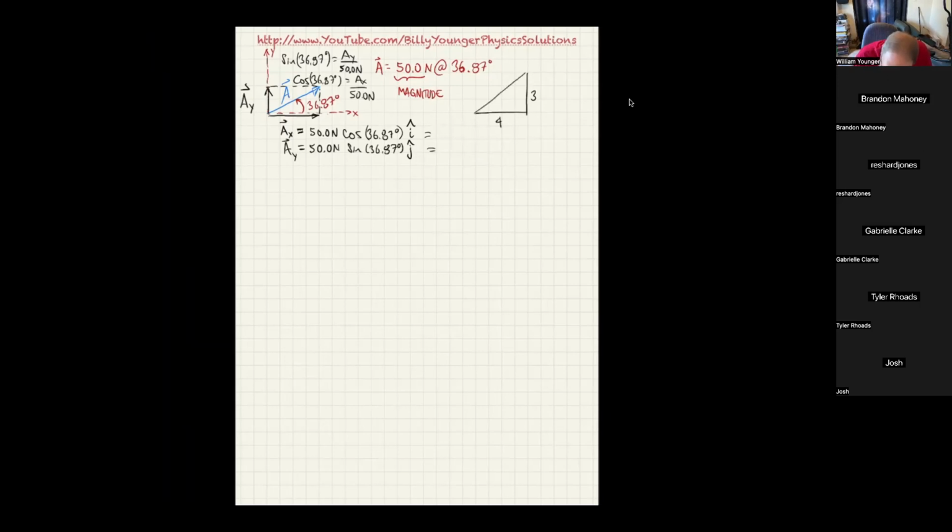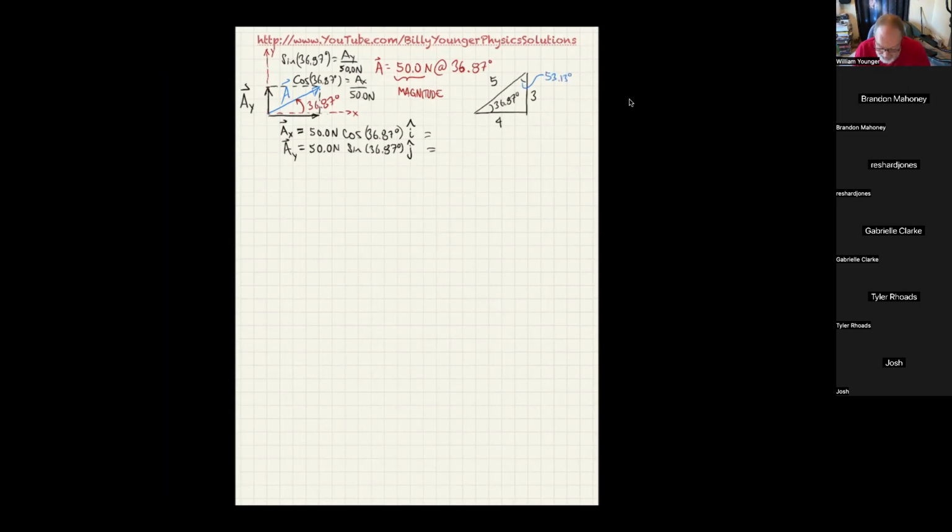And then this side right here is going to be 5. And if you take the inverse tangent of 3/4, you get 36.87 degrees. And in fact, if you wanted to do this one, you'd do 90 minus 36.87, and that'd be 53.13 degrees.